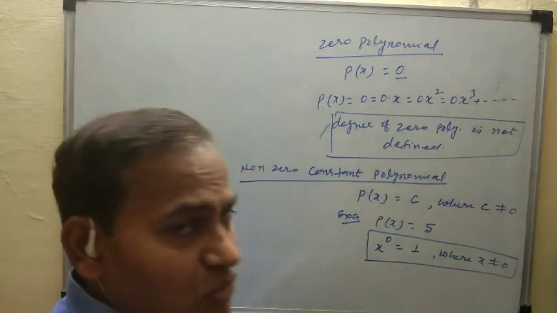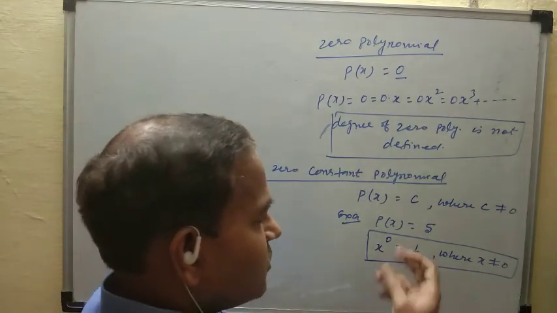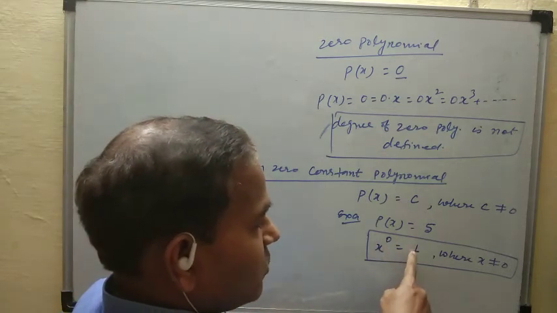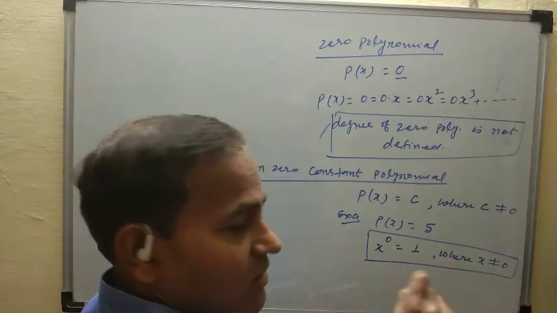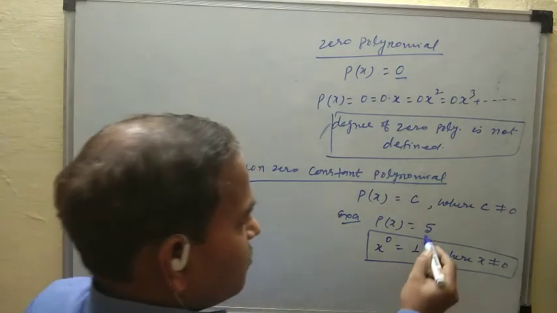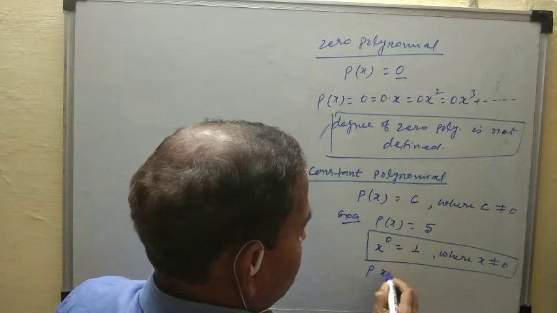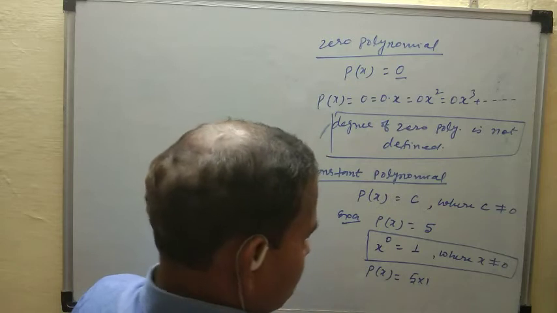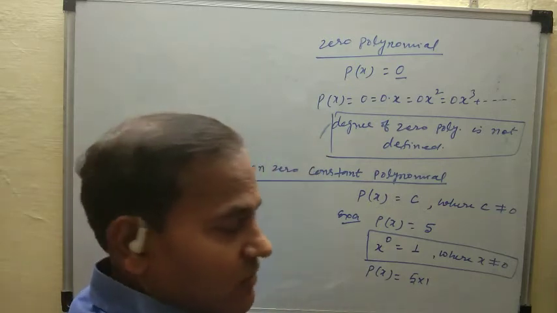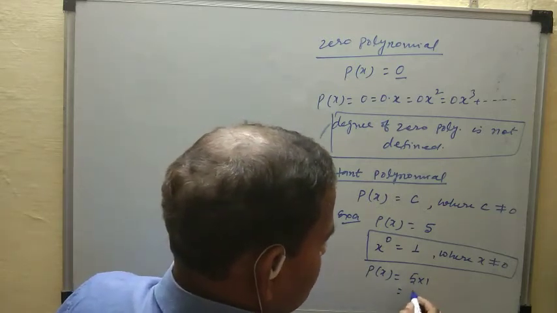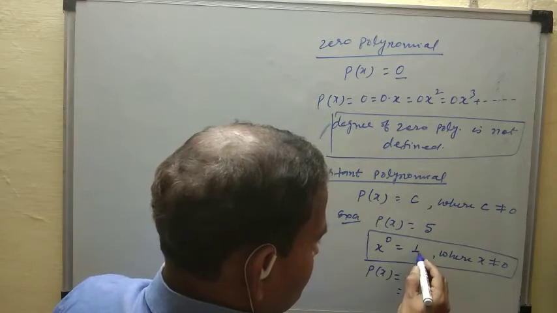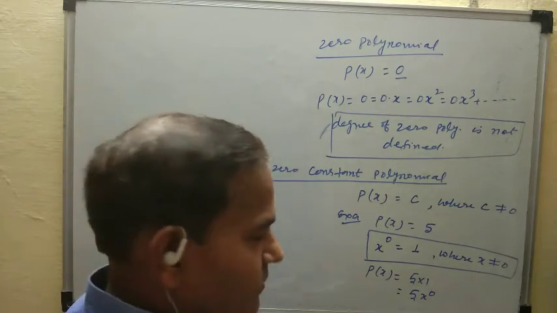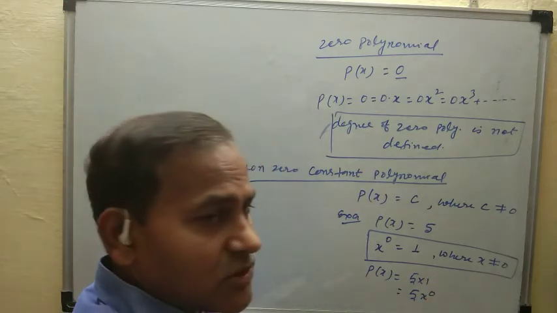And how to prove the value of x के power 0 is equal to 1? आप क्लास 8 में पढ़े हो, x के power 0 is equal to 1 where x is a non-zero real number. So this constant polynomial p of x can be written as 5 into 1, which is equal to 5, and this 1 can be written as x to the power 0.